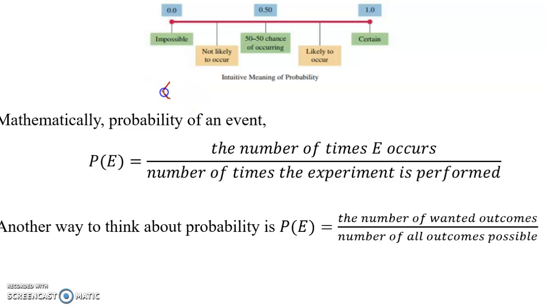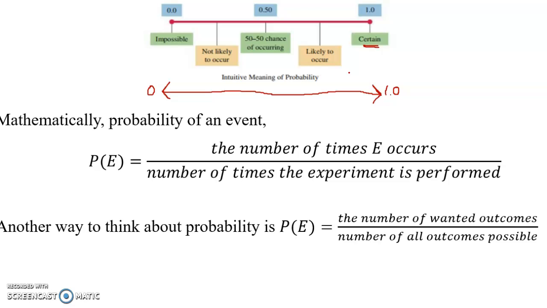This is 0. So that's not going to happen. But if this is a probability of 1, then it is certain. It's absolutely going to happen.